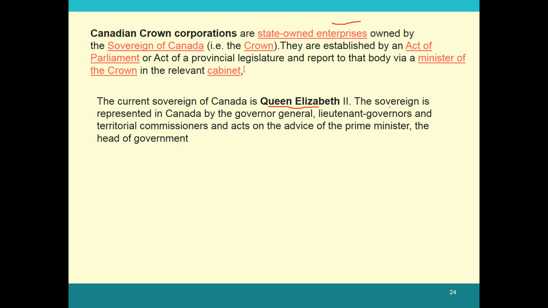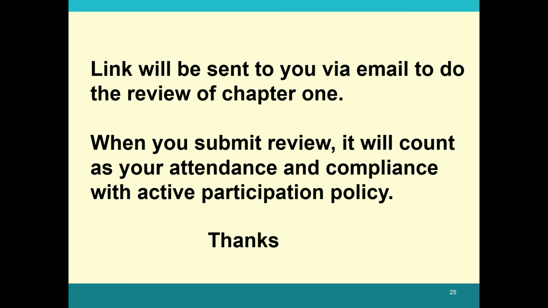The sovereign is represented in Canada by the Governor General, Lieutenant Governors and Territorial Commissioners. Crown corporations are established by an Act of Parliament or an Act of the Provincial Legislature and report to that body via a Minister of the Crown in the relevant cabinet. That is additional information; you can Google it, but I thought of giving you some insight on it.